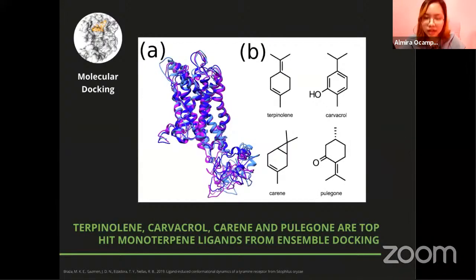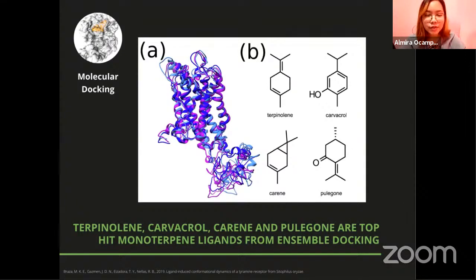So, molecular docking is where we test if our monoterpenes will fit or bind into our protein, or as we used in our analogy a while ago, if these monoterpenes will be a suitable stick to fit into our lock. Okay?